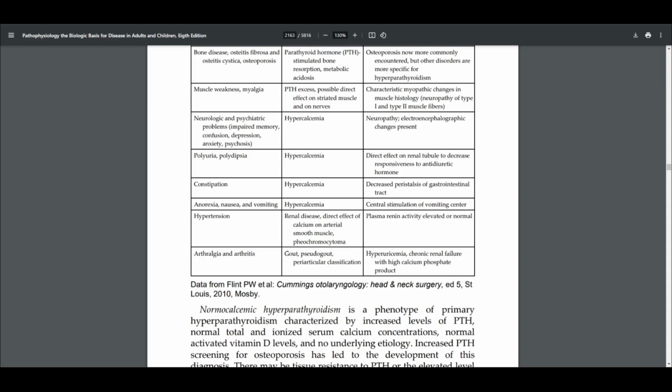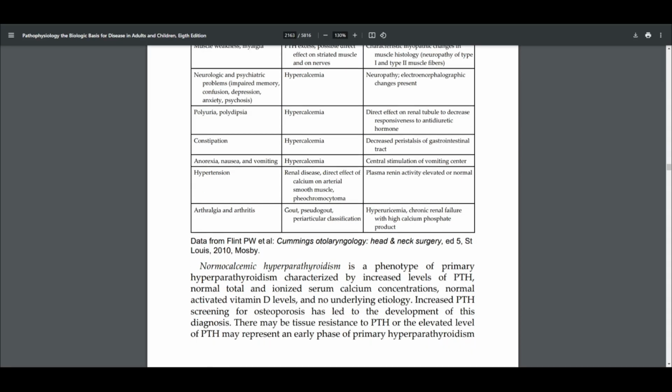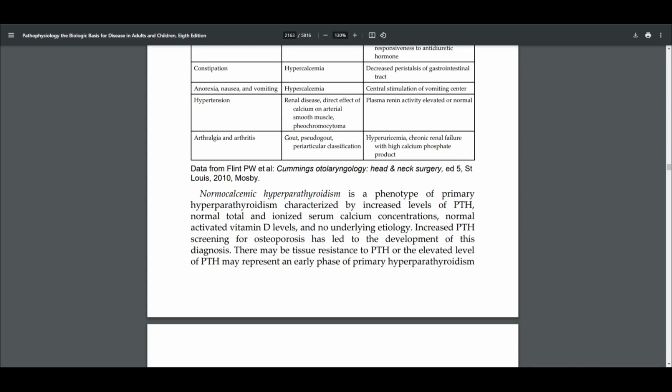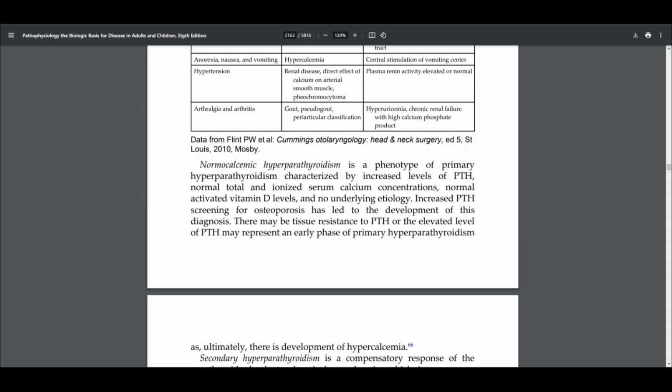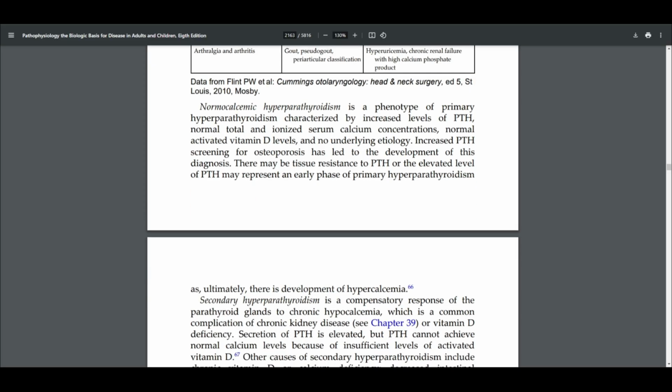Normocalcemic hyperparathyroidism is a phenotype of primary hyperparathyroidism characterized by increased levels of PTH, normal total and ionized serum calcium concentrations, normal activated vitamin D levels, and no underlying etiology.